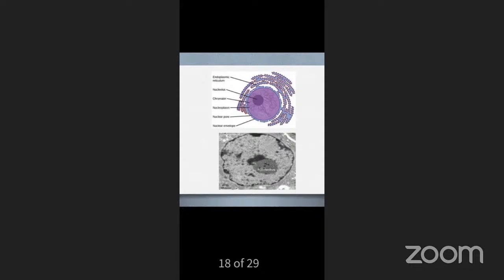In conservative replication, the parental DNA undergoes duplication resulting in two daughter DNA molecules.